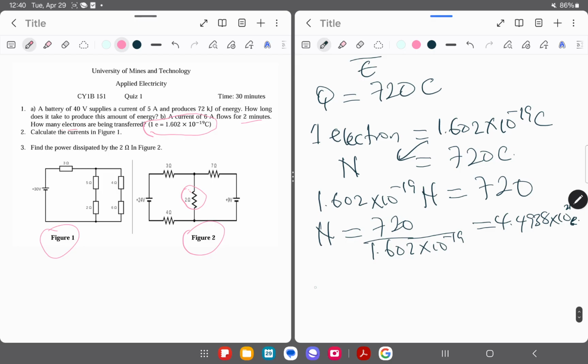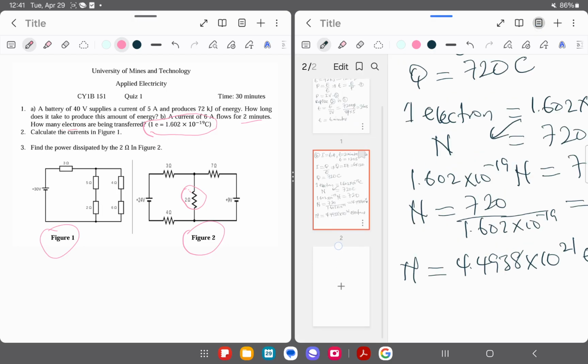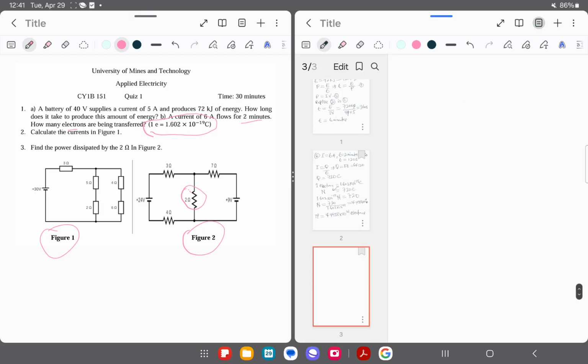So I can write it very clearly here. We get 4.4938 times 10 to the power 21 electrons. So this is the amount of electrons that are going to be transferred. So that is for question 1b. Now let's move on to the next question, which is question 2.